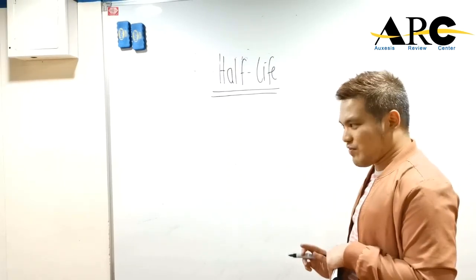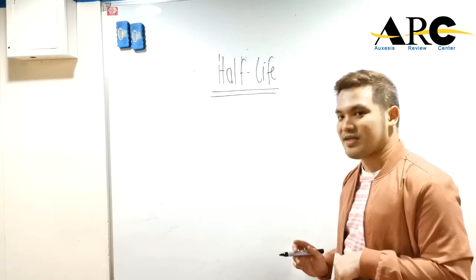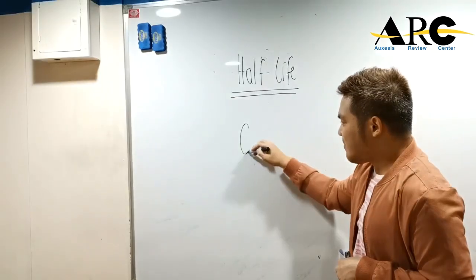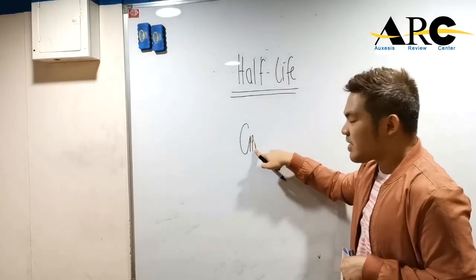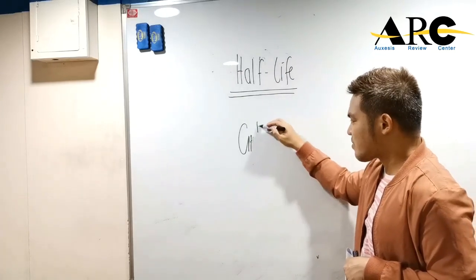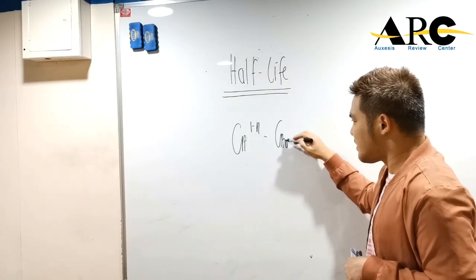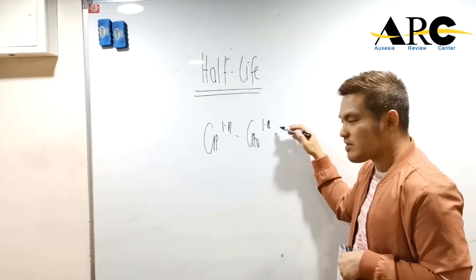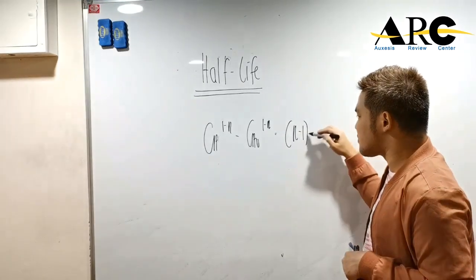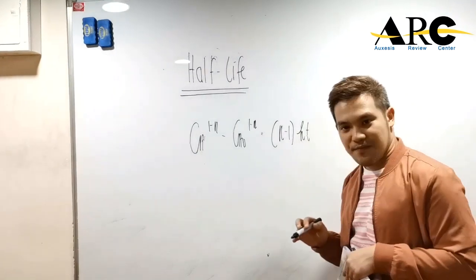Let's go back to the nth order formula from earlier. We derived that CA raised to 1 minus n minus CA0 raised to 1 minus n equals n minus 1 times kt.